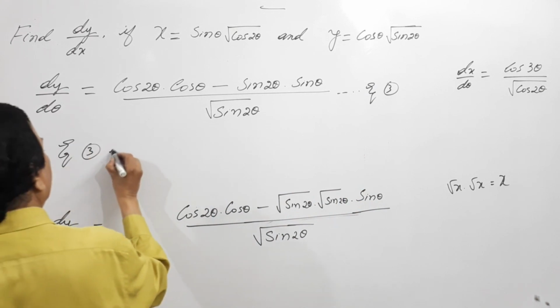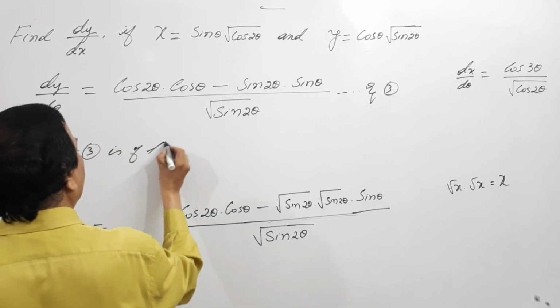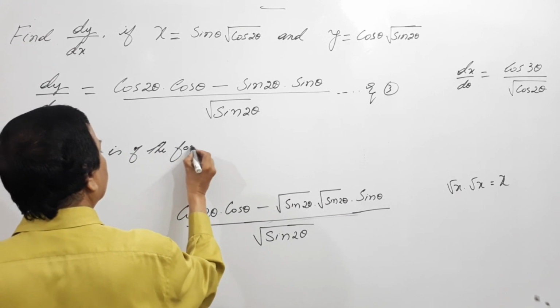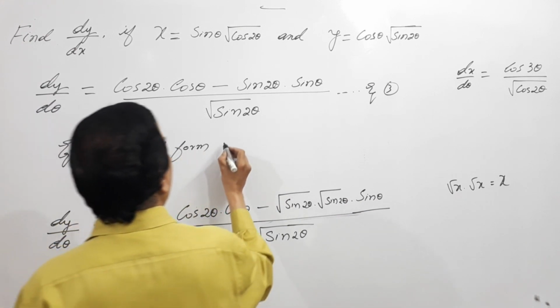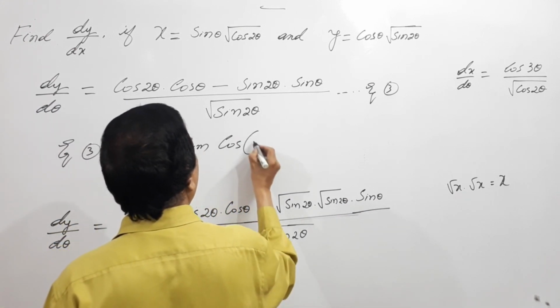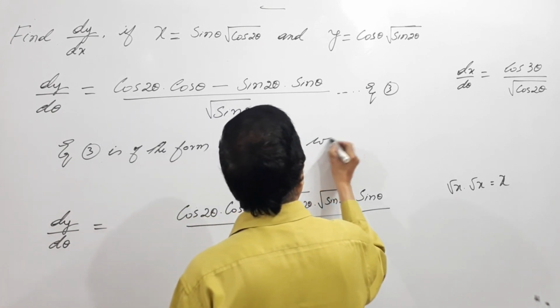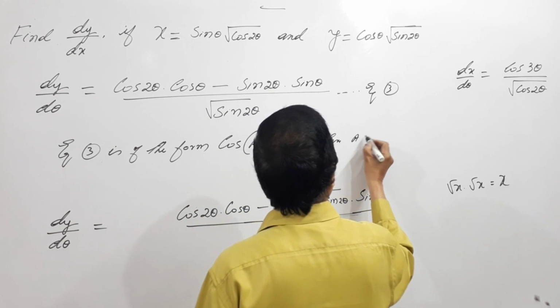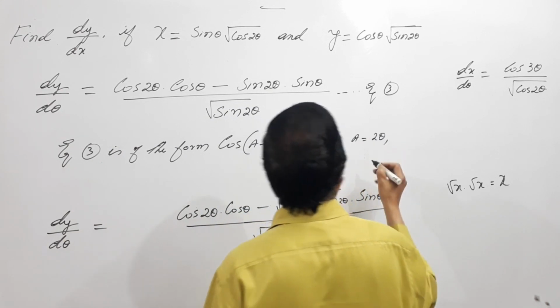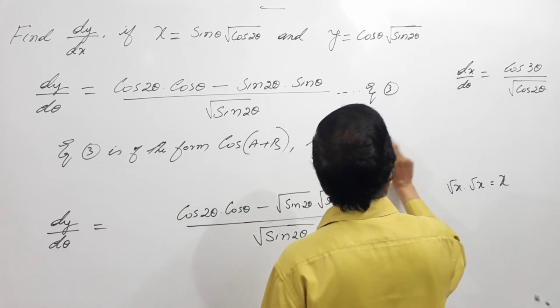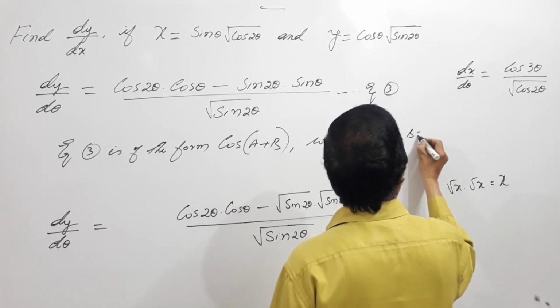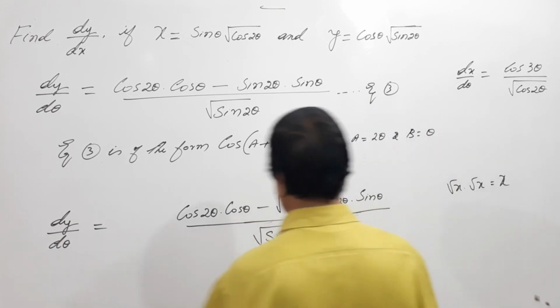Equation 3 is of the form cos of A plus B, where A equals 2 theta and B equals theta.